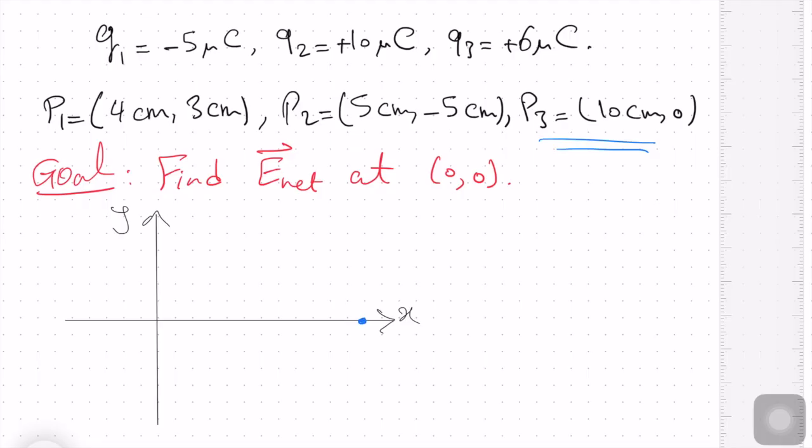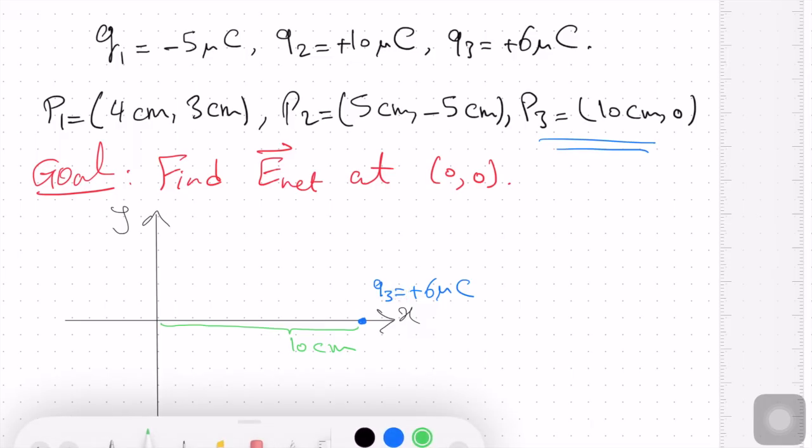So I'm just going to pick this point, the furthest point, as the location of charge 3. You could either draw the distances, or you could just write the coordinate next to it. I could just put something very small here and call this 10 centimeter.